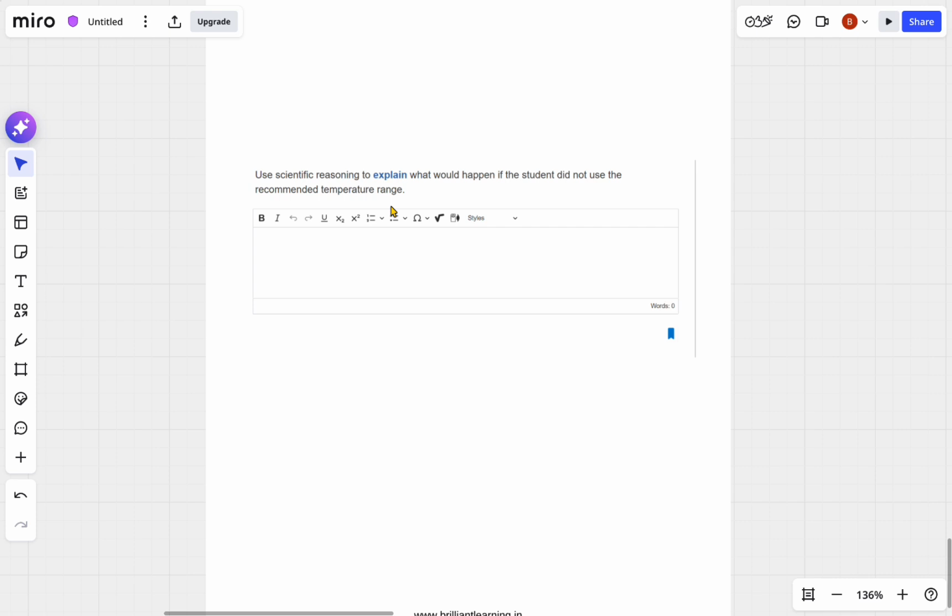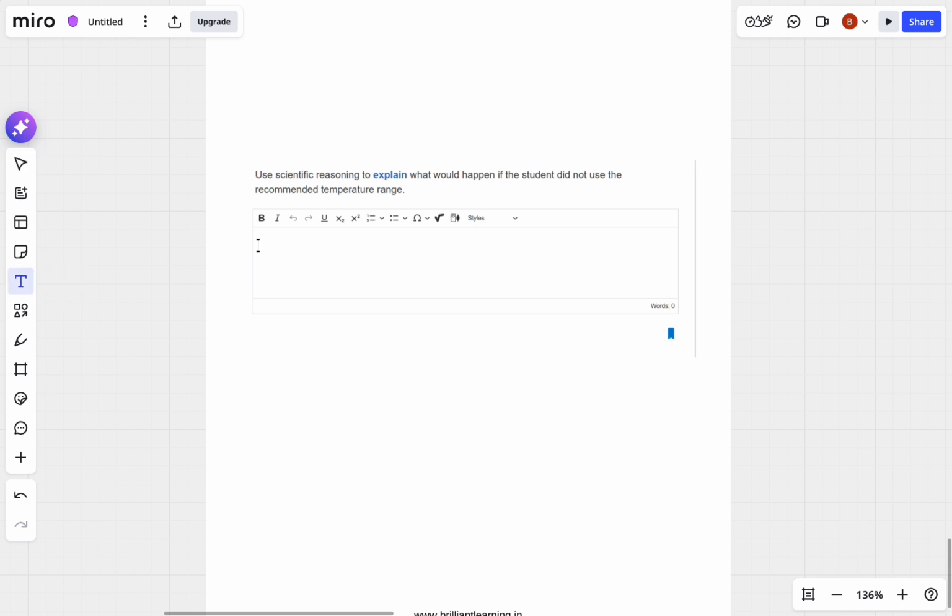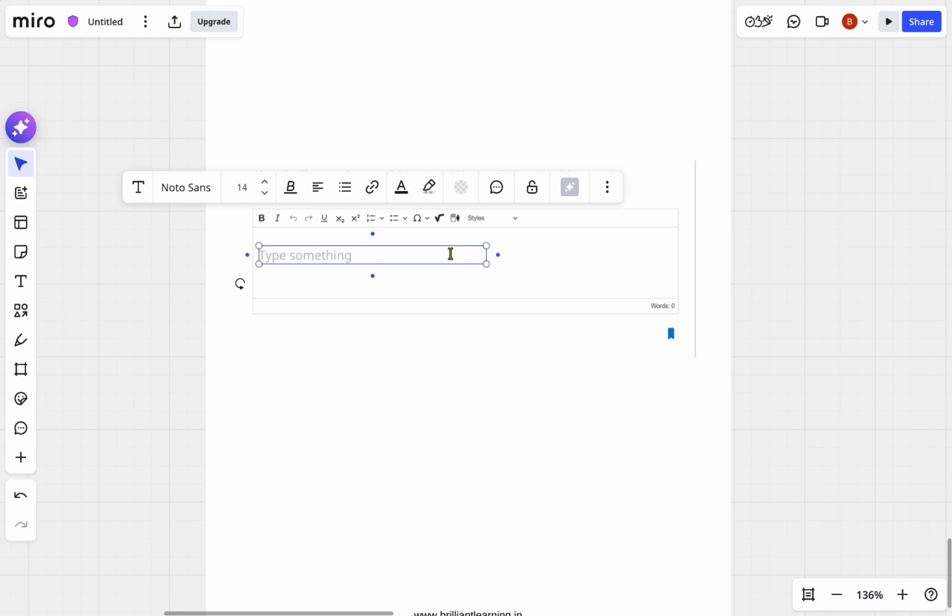One is where they take a temperature that is below the range, and one is where they take a temperature that is way above the range. So let's take a hypothetical scenario where the student uses a temperature that is way under the given range. Let's say it takes 18 degrees Celsius.